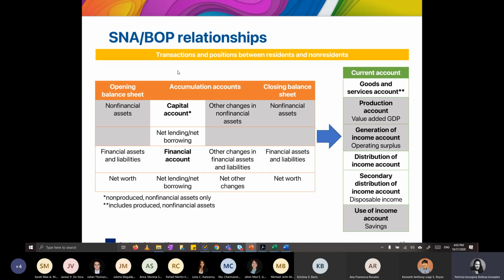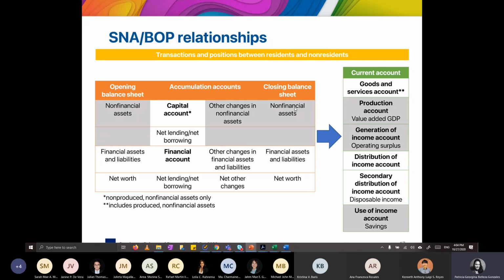This is just a subset, as you can see here, of the national balance sheet, which includes non-financial assets as well. And then obviously these assets, capital and financial, all feed into or provide capital services and inputs into the current account in the production of goods and services and in the generation of income account.